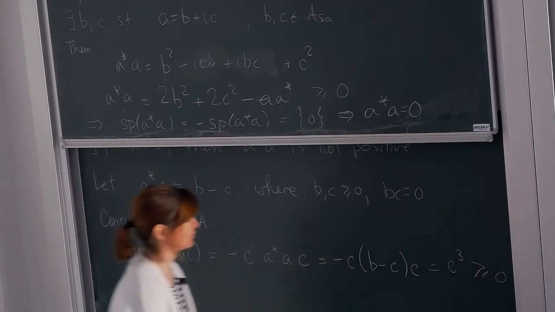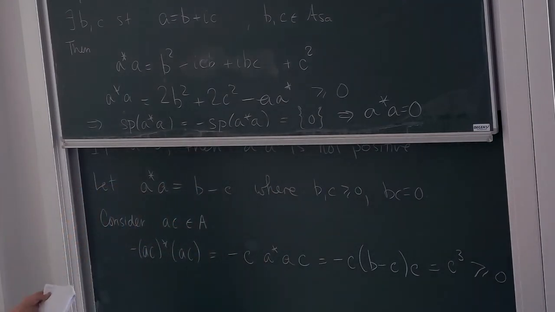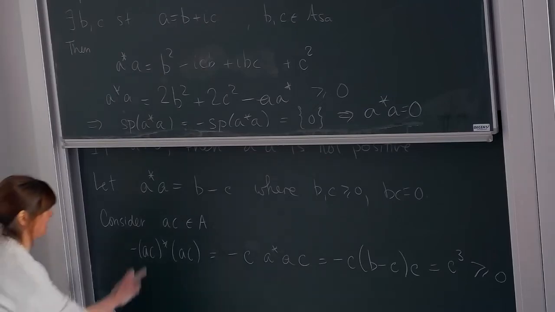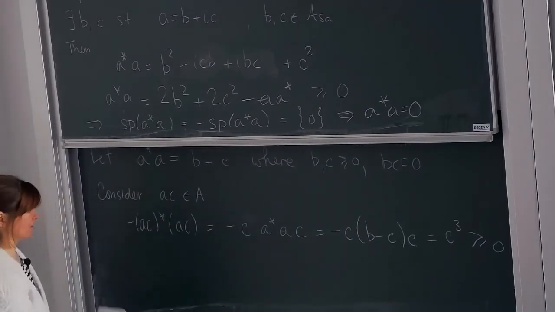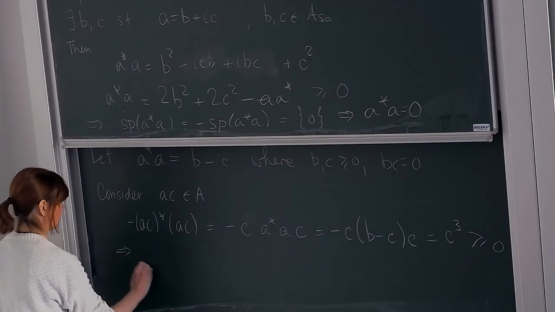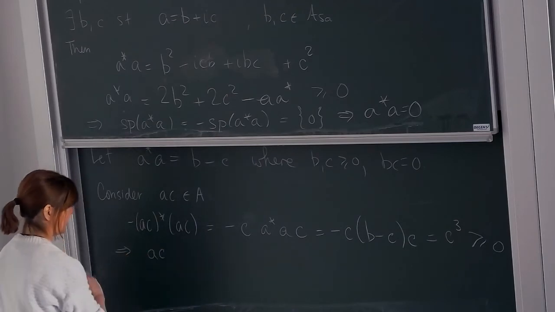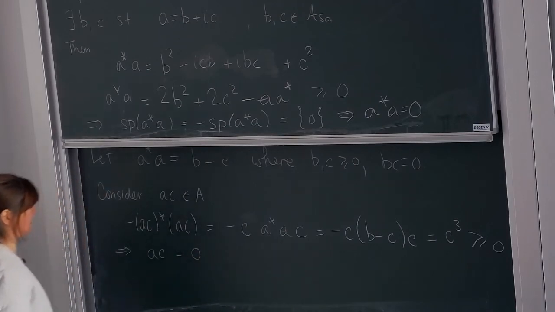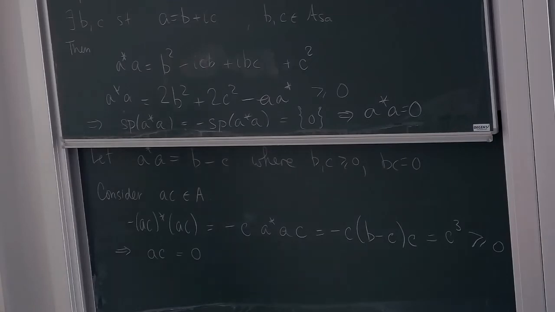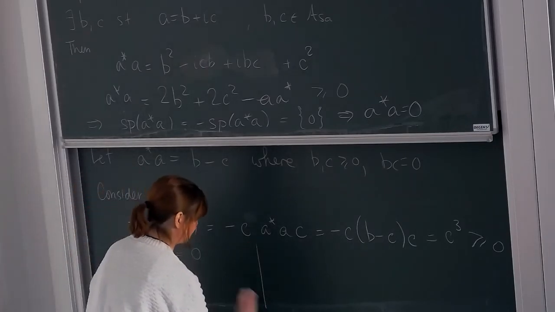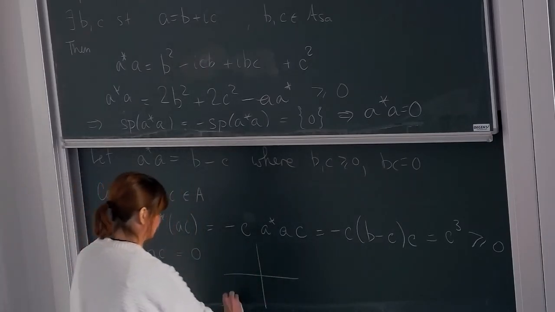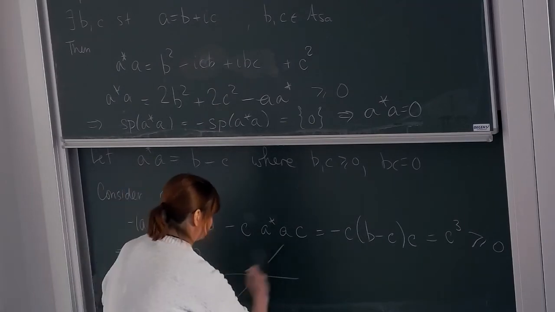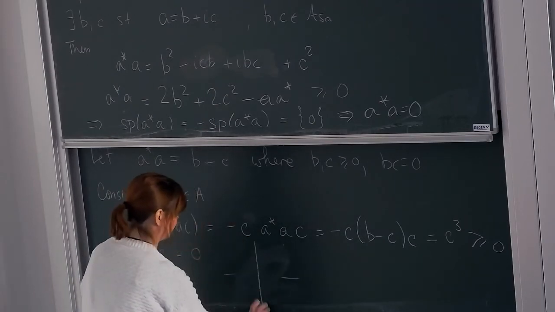And you can draw yourself a nice functional calculus type picture. Right, so we have that minus AC star AC is greater than or equal to 0, which gives us that AC is equal to 0. And remember what C was. So if A is this guy, oops, really gotta improve my aim here.